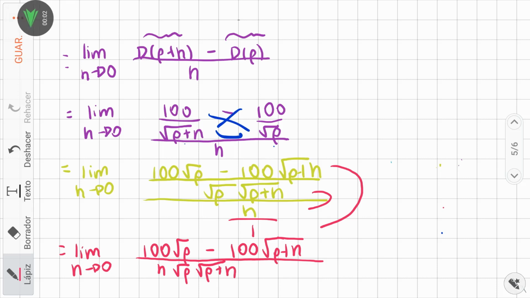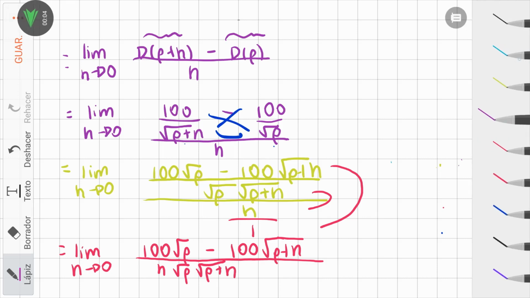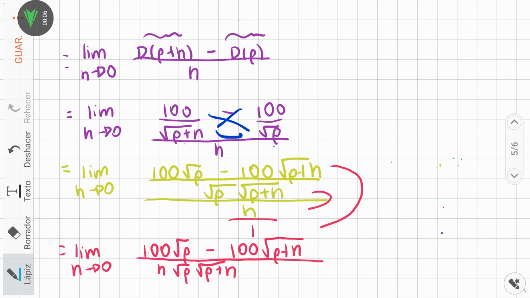Now notice that this 100 is in both of our monomials here. So something we can do is factor that 100 out and get it out of our limit, just to make things easier.